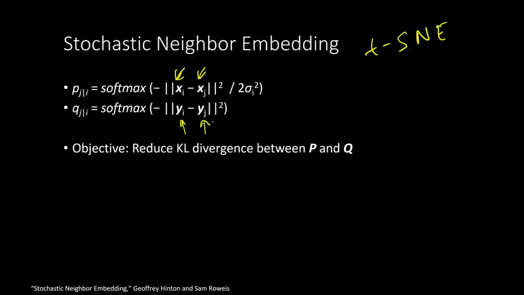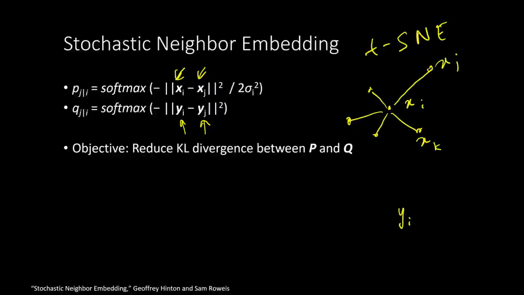What we mean by that is, let's say we have a point xi in high dimensional space and it has some neighbors. Some neighbors are close, other neighbors are far. When I map it to yi, let's say this is xj, this is xk.